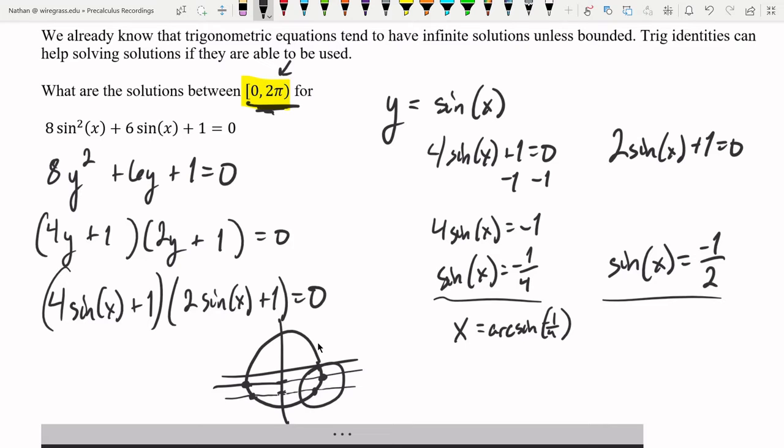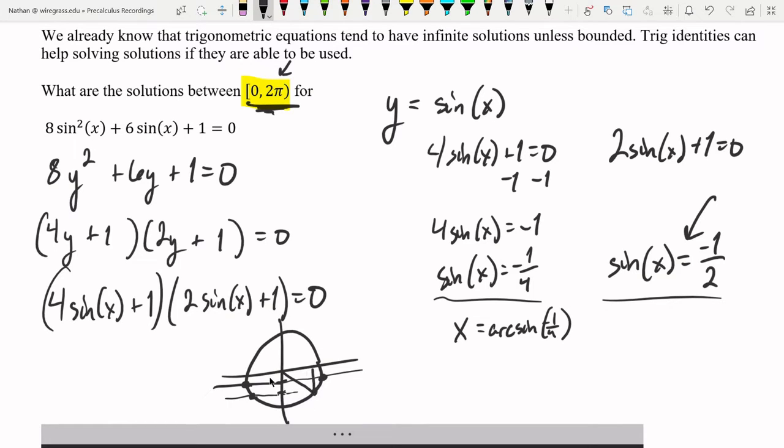So to do that, what we can really do is just graph it, or we can look at, of course, this angle, which is quite easy to find because negative 1/2 is a special angle. This would be negative 1/2 right here.